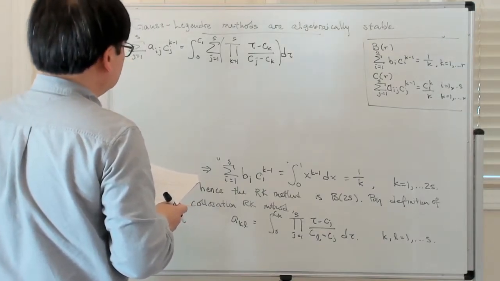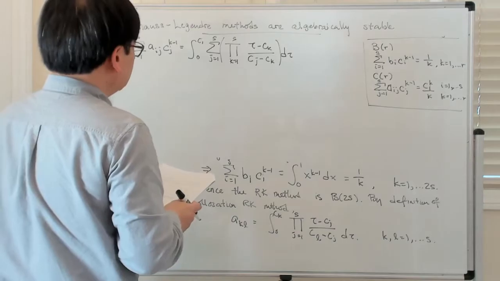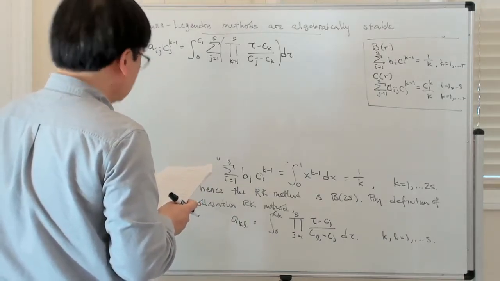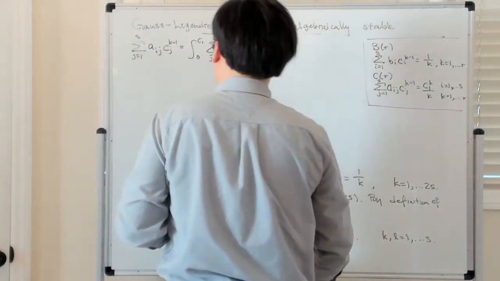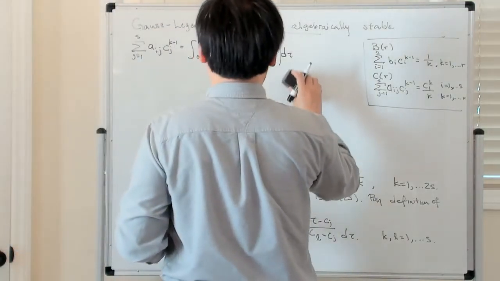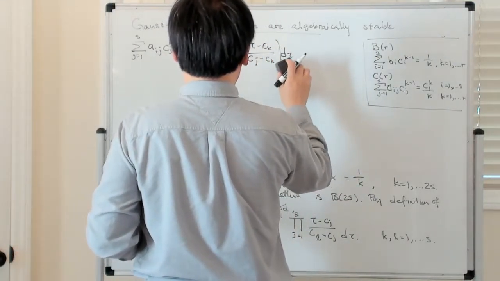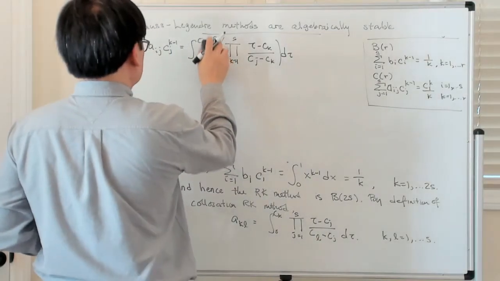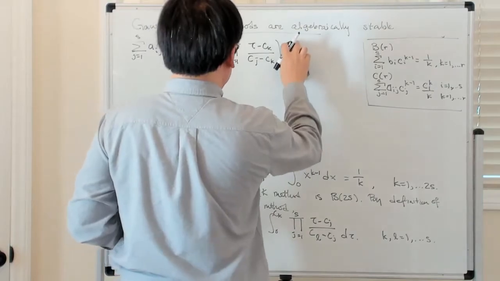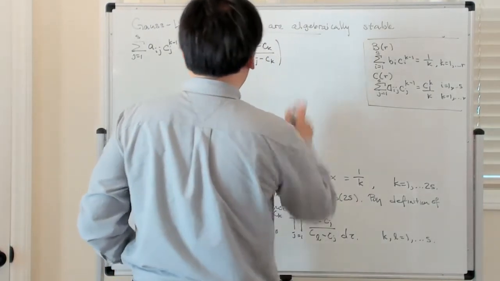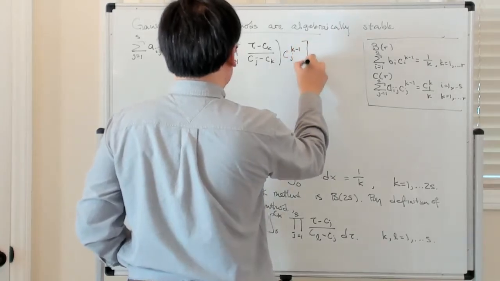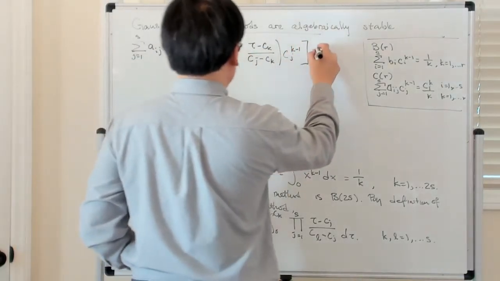I'm sorry, there's something missing. We still have the Cj to the k minus 1 term. Okay, so Cj to the k minus 1, and then the whole thing integrated with respect to tau.